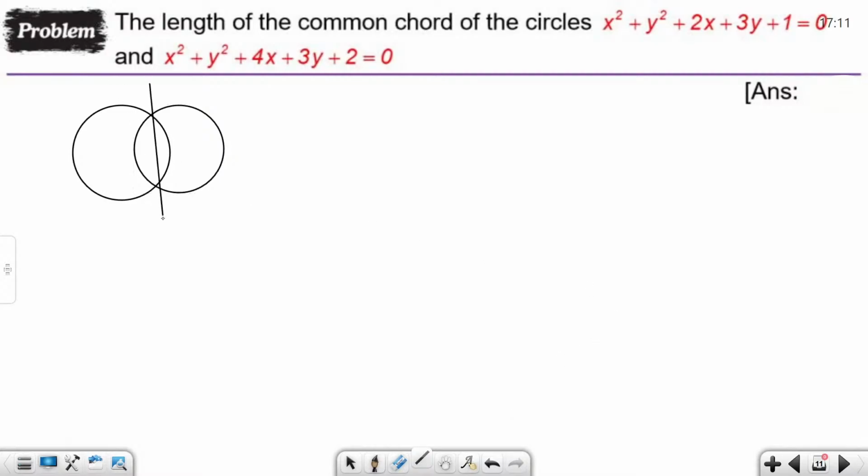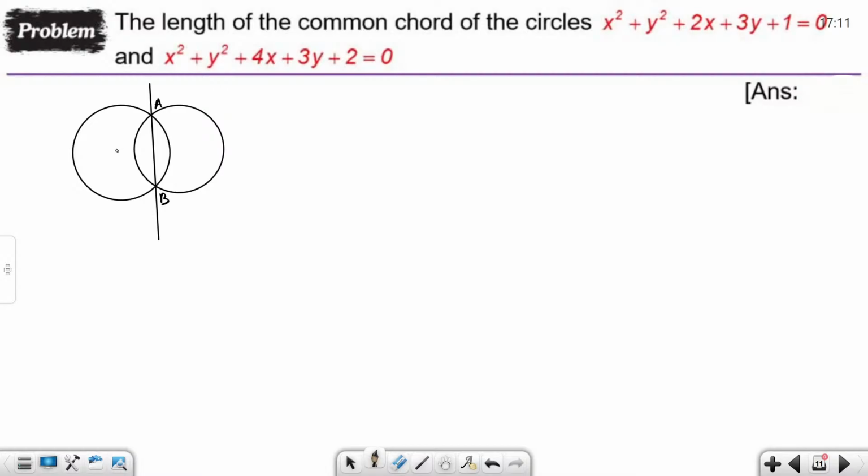This is the chord, which is the common chord. This is also the radical axis. Both are the same in this case. They intersect at points A and B, so we have to find the length of AB, that is, the length of the common chord.